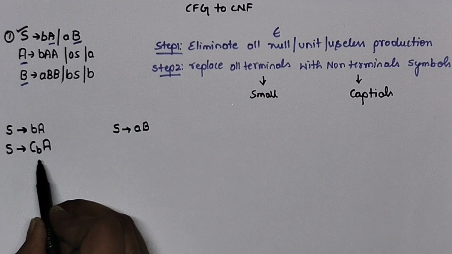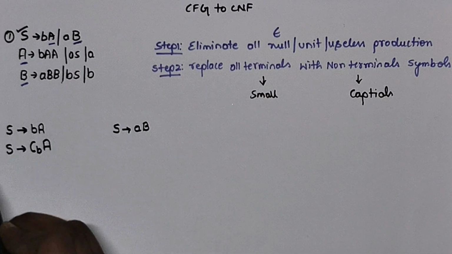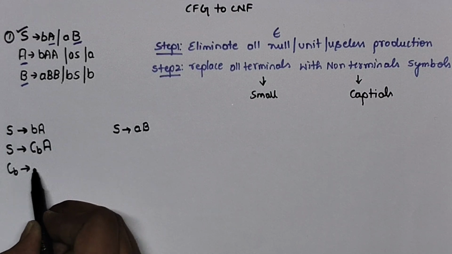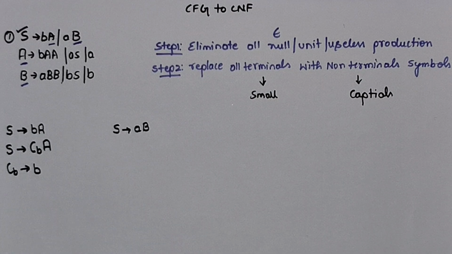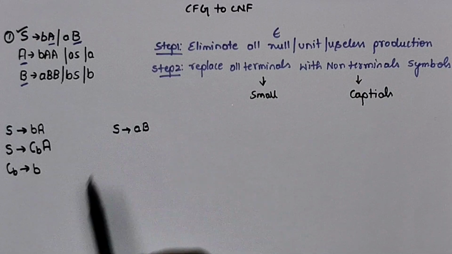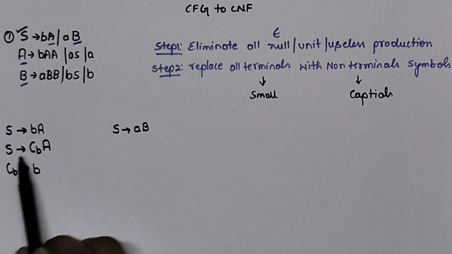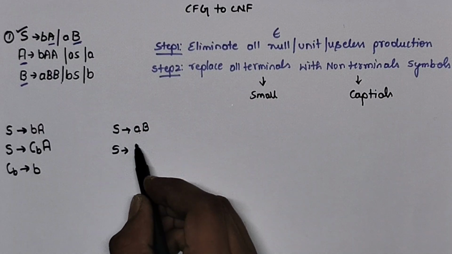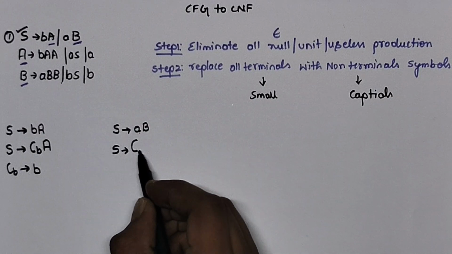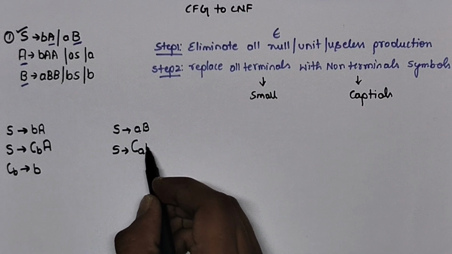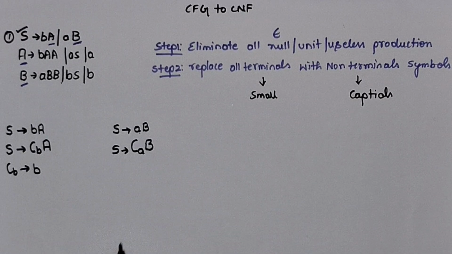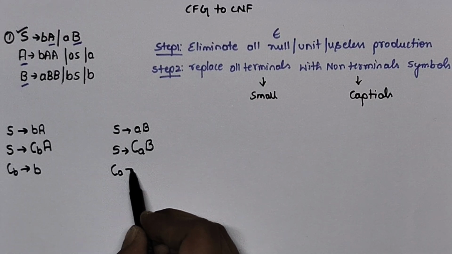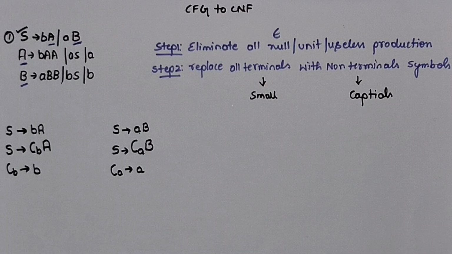Capital letter C, which represents b, replaced small letter b. Like this you must write. Now let's move to the next one. Just do it like this only. S producing small letter a: I want to replace small letter a, so I will take a symbol C which is replacing small letter a, and capital letter B will be retained as it is. So capital letter C is replacing small letter a, like this.